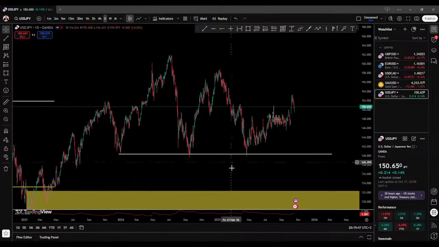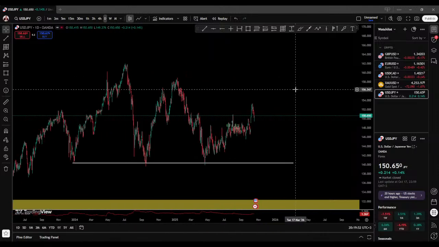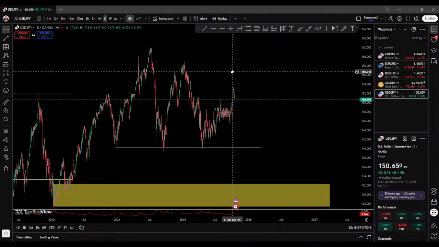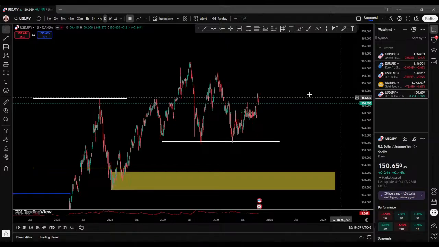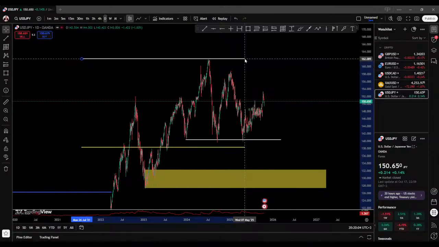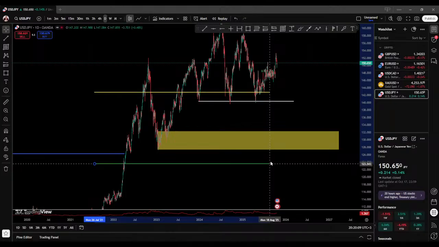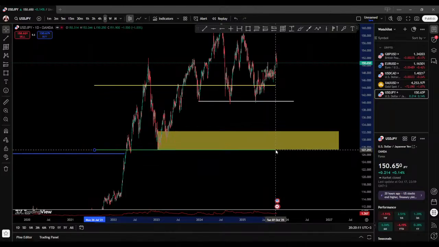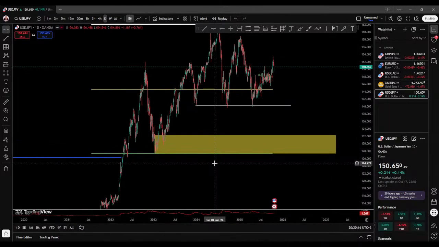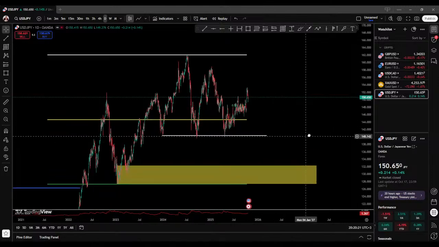All this is liquidity. All that is liquidity. So what we have in the daily time frame is that we have a trading range that is from that high to this low here. That high to that low.